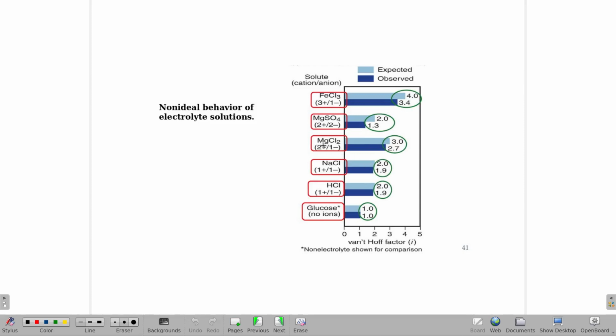As we move the charges up, that positive 2 is just so darn attractive to those negatives, they start interacting too much, and this drops from the ideal, which is what these are going for. Now, we're not going to try to calculate the true value from this chart. We're going to be given the van 't Hoff factor or solving for it based on our information.